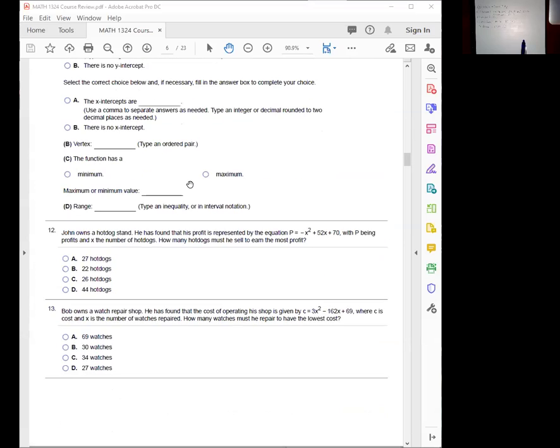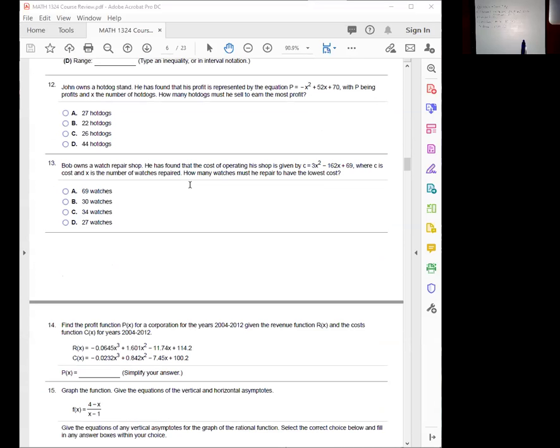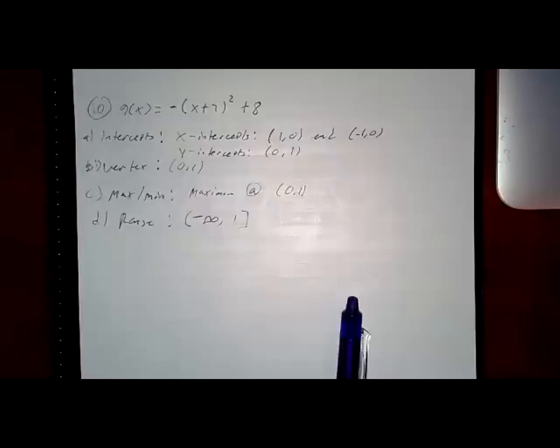All right, let's skip 11 because it's the same thing. 12. John owns a hot dog stand. You guys have this file, correct? Or no? Is that in the MyLab?